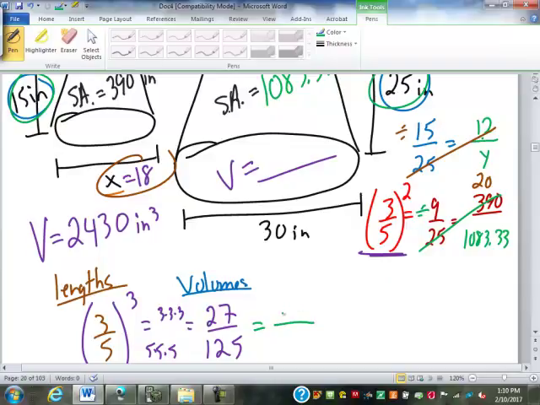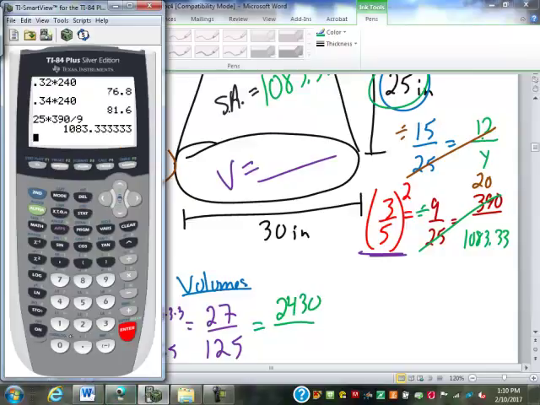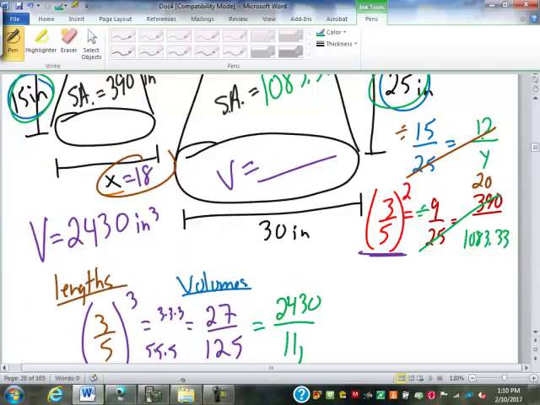We're going to put 2,430 up here and cross multiply 125 times 2430 divided by 27 to get 11,250.